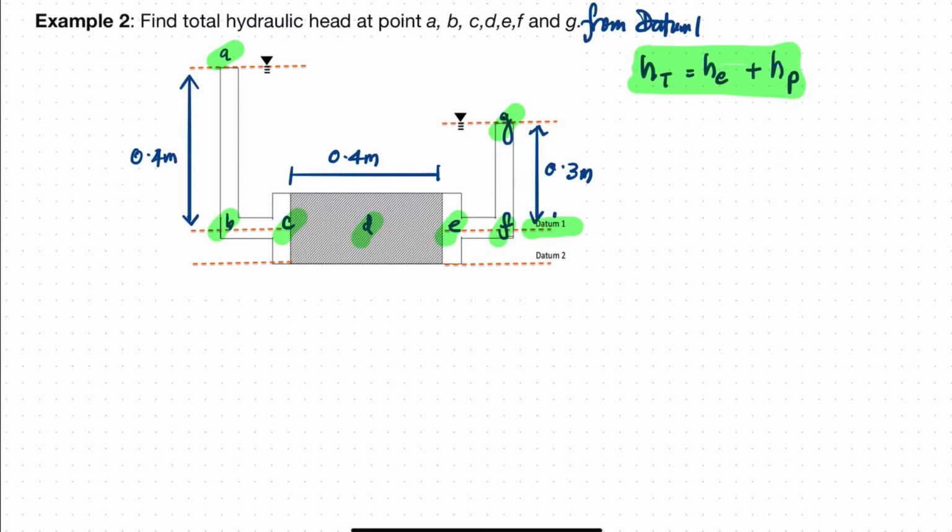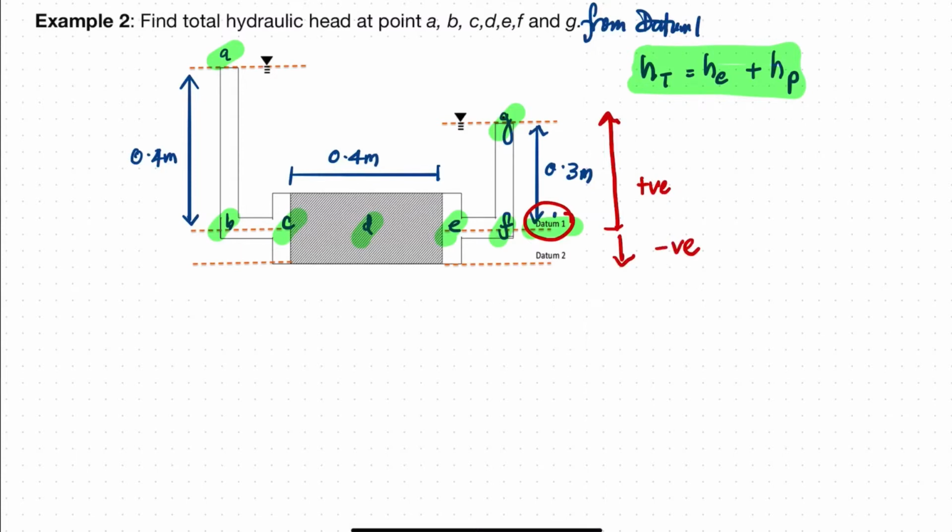As mentioned earlier, elevation head is measured from the datum. So if this is the datum here, elevation is measured from the datum. If it's above the datum, the value is going to be positive. If it's below the datum, the value is going to be negative.